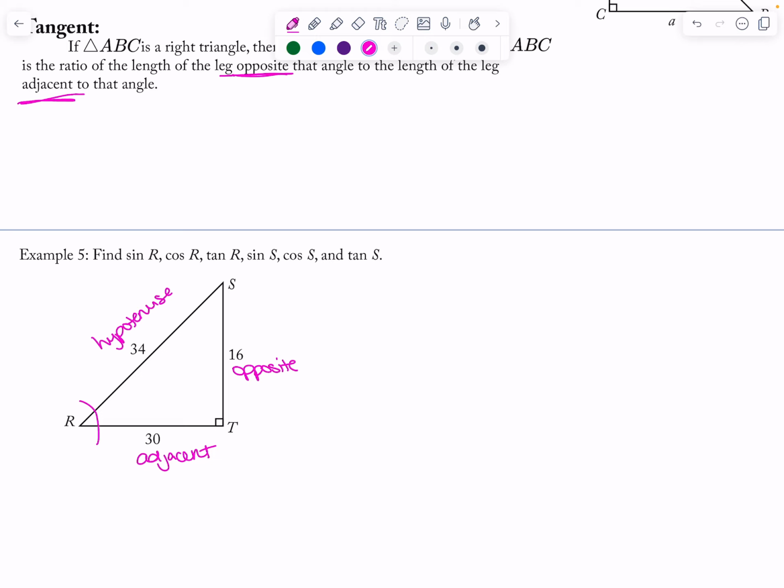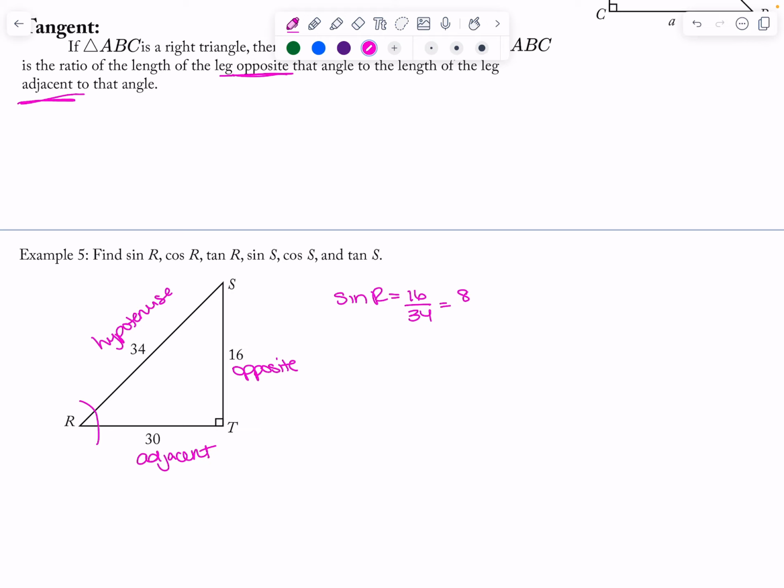So when I look at sine, sine is the same thing as opposite over hypotenuse. So sine of r is equal to 16 over 34. And I do want you guys to reduce it. So both of them are divisible by 2.